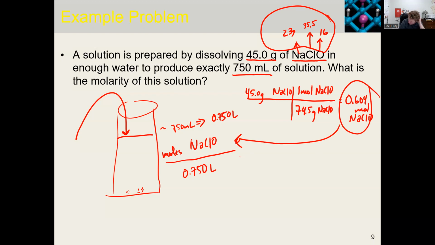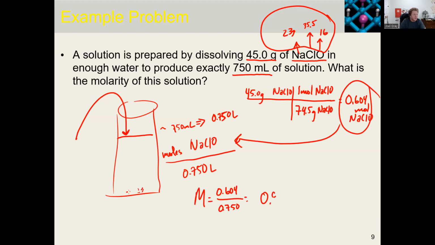So moles of NaClO divided by the volume in liters, well, we've already figured out our volume in liters. So what we want to do is figure out capital M, which is 0.604 divided by 0.750. So 0.604 divided by 0.75, and we get a molar concentration of 0.81 molar.